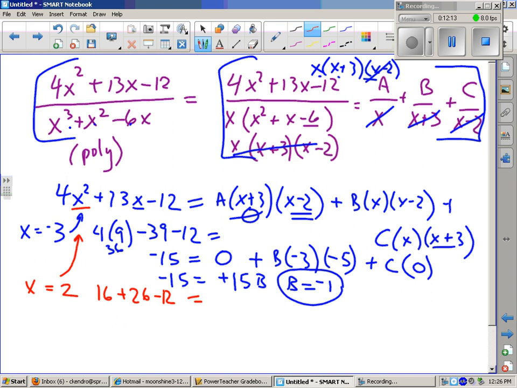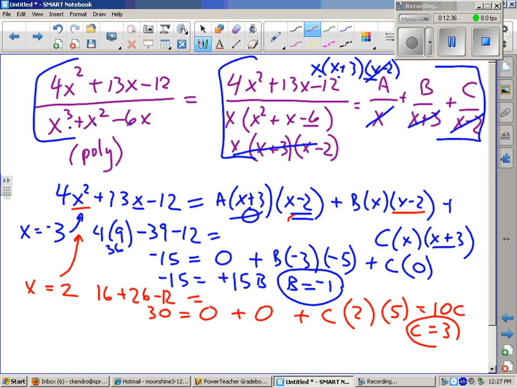So that's 42 minus 12 is 30. Then I have 0. This one will make 0. And then the C part, I'll have 2 times 5. So I really just have 30 equals 10C, so C equals 3.